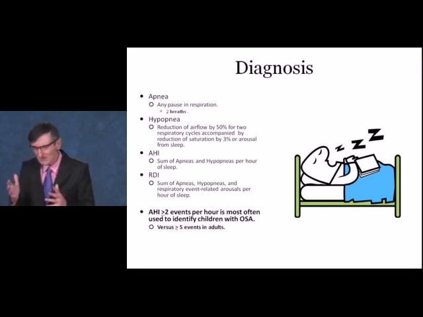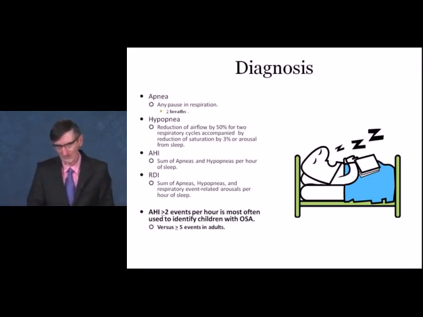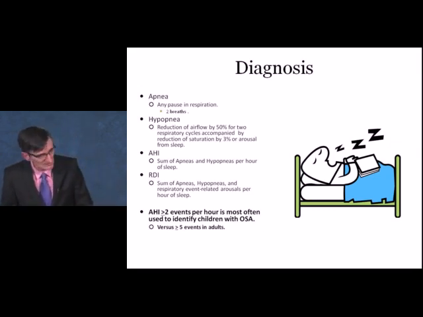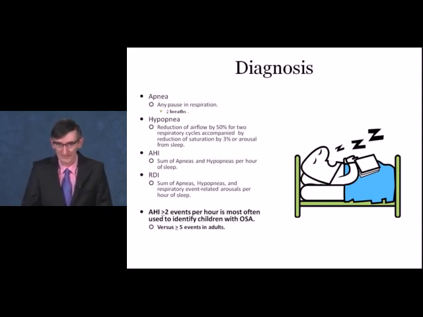So what is apnea from a pulmonary sleep position point of view? It is a pause in respiration for more than 2 breaths. Now, the adult criteria is based on a number of seconds, like 5 and 10 seconds. This is not what we do in pediatrics, because we breathe faster.